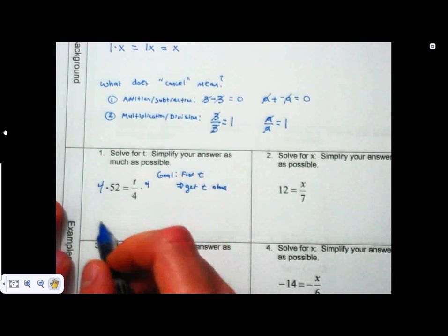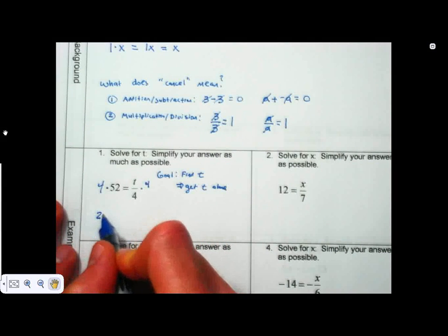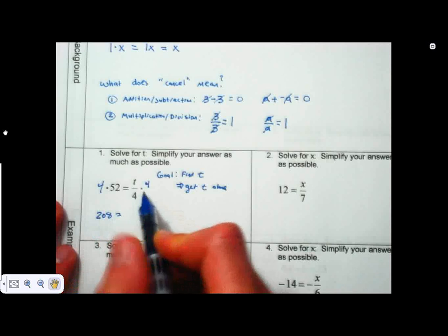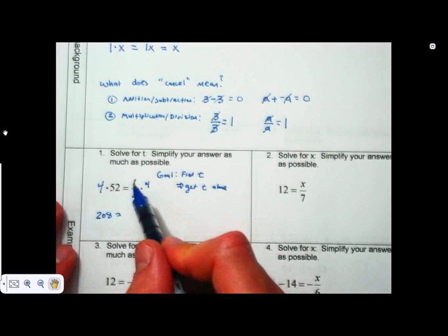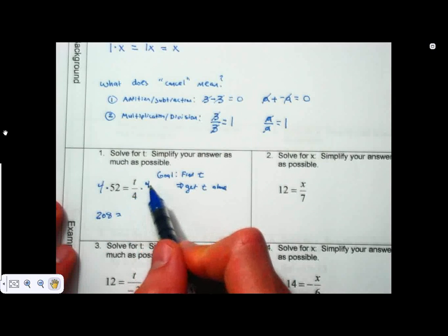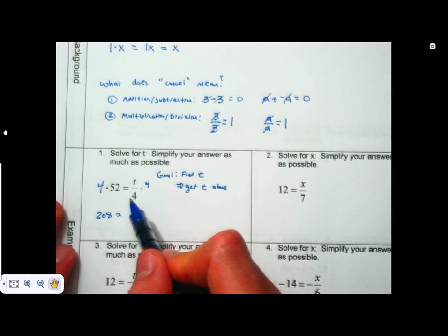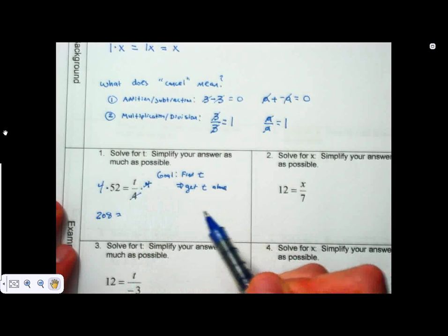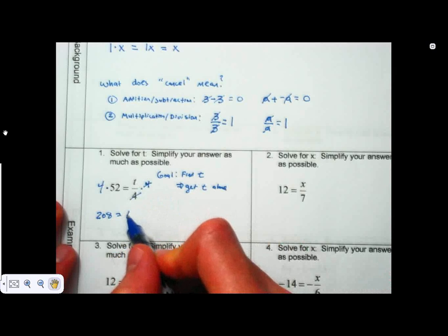So 4 times 52 is 208. And on the right-hand side, I'm dividing by 4, but then right after that, I'm multiplying by 4. Well, those are just going to cancel each other out. So all that's left is t.